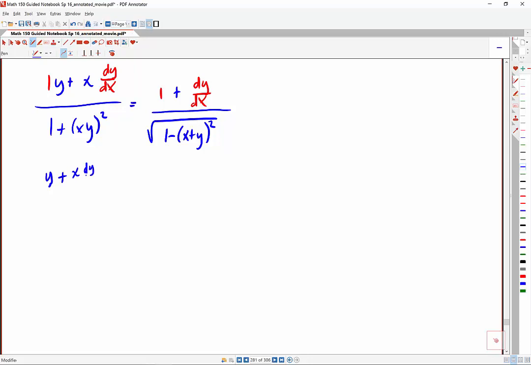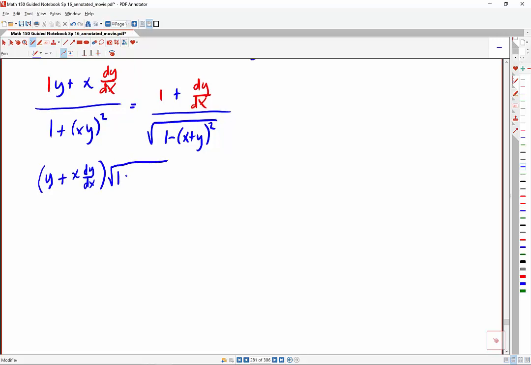That's going to be multiplied by the square root of 1 minus x plus y, the quantity squared, when we clear the denominators. And then that's equal to 1 plus dy/dx times 1 plus quantity xy squared.